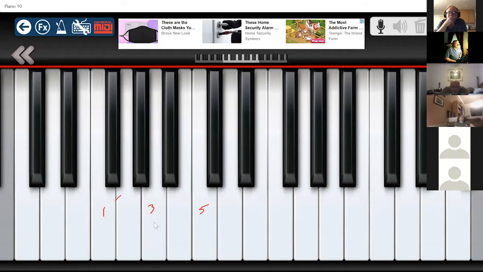And it's the same distance between here and here, which is a minor third. So it makes those two triads exactly the same, but starting on a different note. 1, do, mi, so. And if you were going to change to the key of F, do, mi, so. So it's the same thing, but just in a different key.